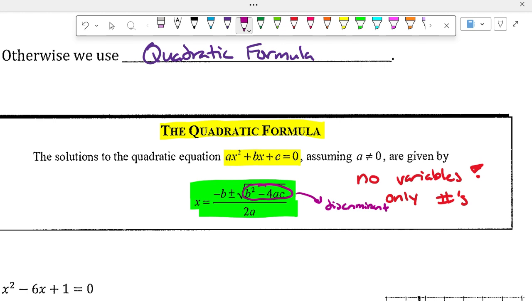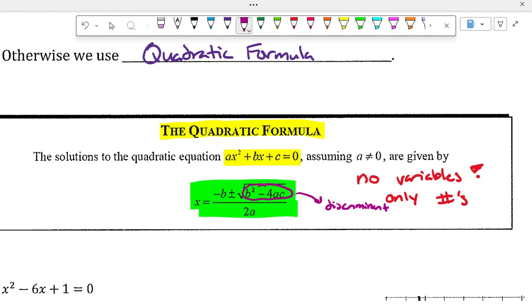Think about it. If we have a positive and it's a perfect square, obviously the square root's going to be gone, because if we take the square root, we'll get a nice number. If it's positive but not a perfect square, it'll be irrational because the square root will remain. If it was 0, we can get rid of the square root.